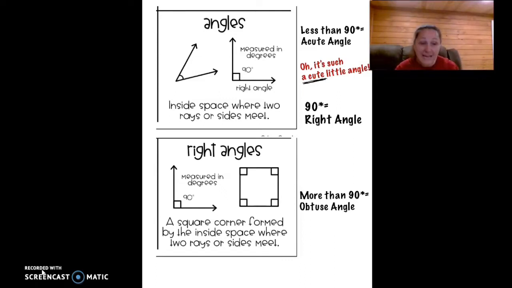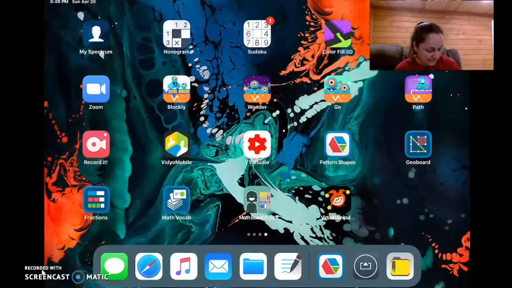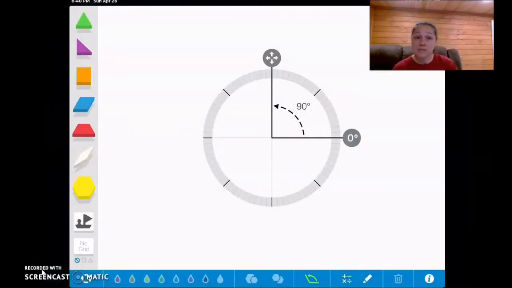Then we have an angle that is bigger than 90 degrees. He would be called obtuse. An obtuse angle is bigger than 90 degrees. Now, let me show you really quick on my shapes. So here I have, this is my 90. Now, if I went just one smaller, if I went 85, he is less than 90.